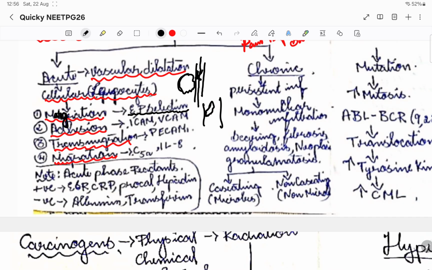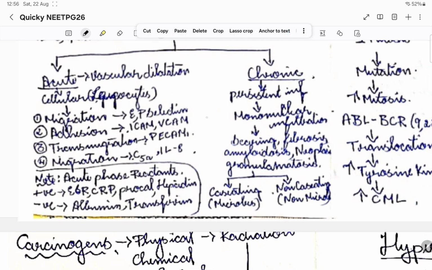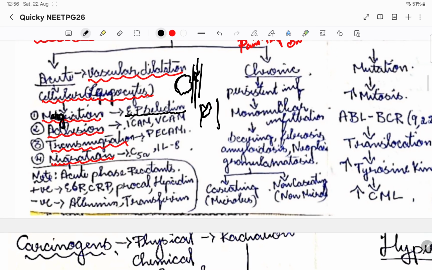Then after coming near, it will adhere to the endothelium, so it will be fixated to the endothelium. Then the transmigration, it starts going inside. This is the blood vessel, and this is the pathogen or the inflammation that has happened. So now the transmigration starts taking place.